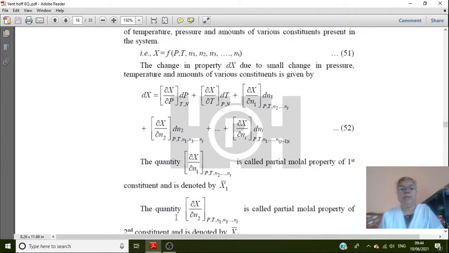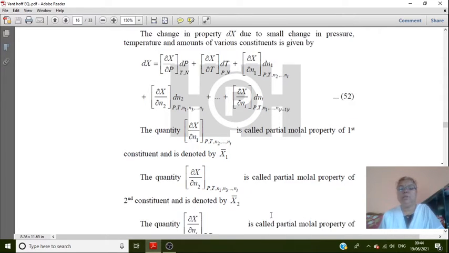Then similarly we can represent the partial molar property of the second constituent as ∂X/∂n2 at constant pressure, temperature, n1, n3, up to ni. It is called the partial molar property of the second constituent and is denoted by X2 bar.